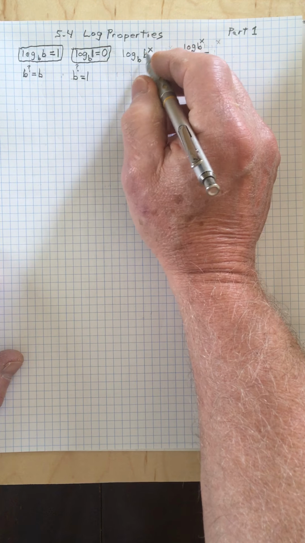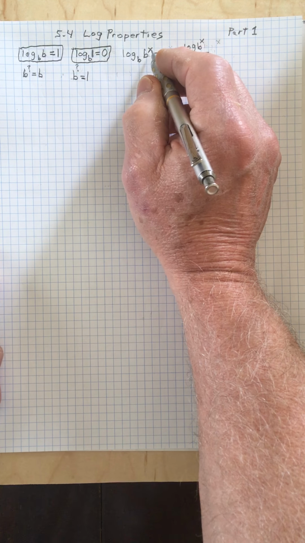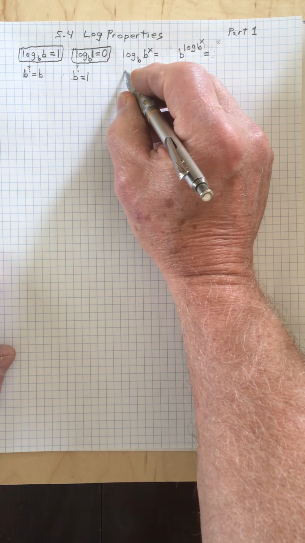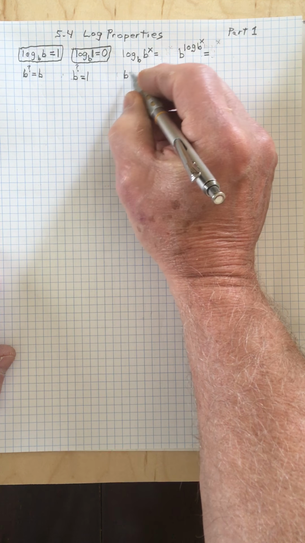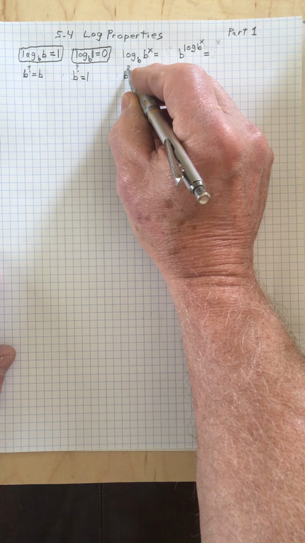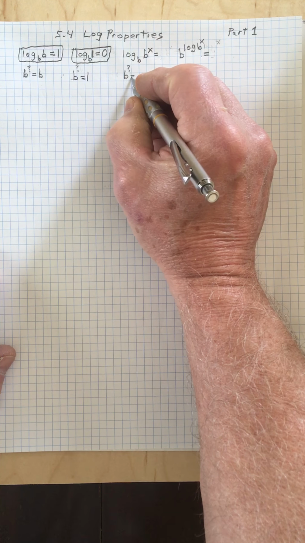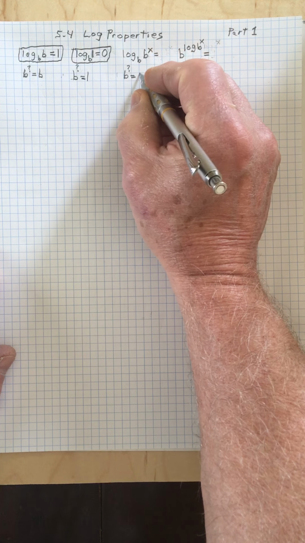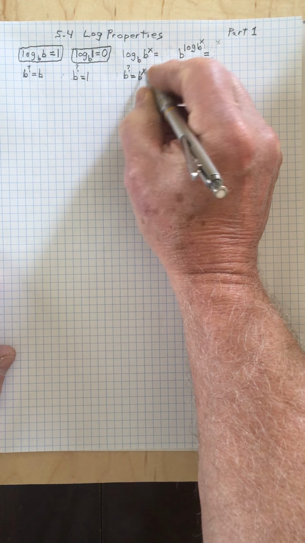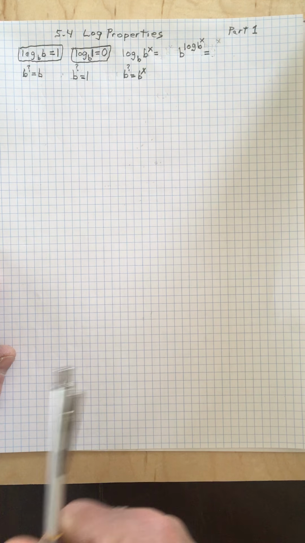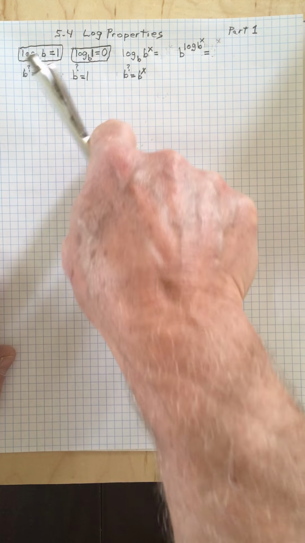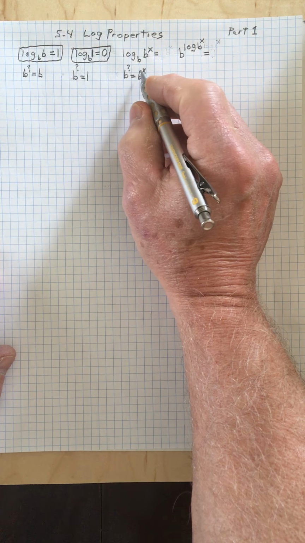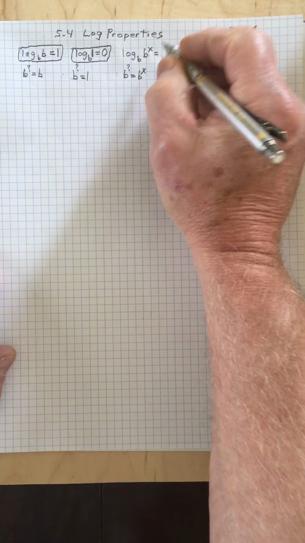This one's a little bit more interesting looking. So let's take a look at this one. The base is b. We don't know what the exponent is, but the number we're trying to get is b to the x. That's this argument here. Well, again, remembering that rule where if the bases are the same, the exponents have to be the same, then that means this has to be x.